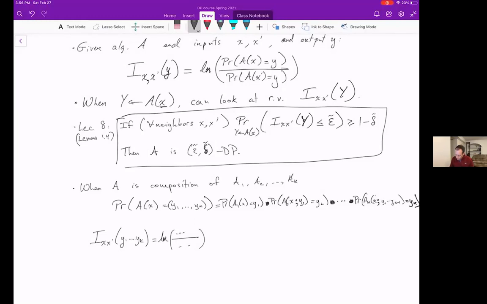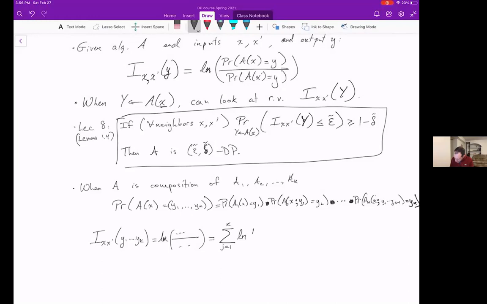What we get is the sum from j equals 1 to K of the log of the ratio of the appropriate conditional terms in the product above.